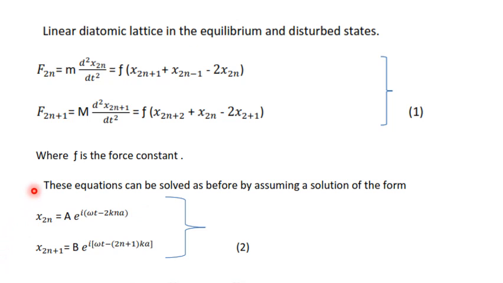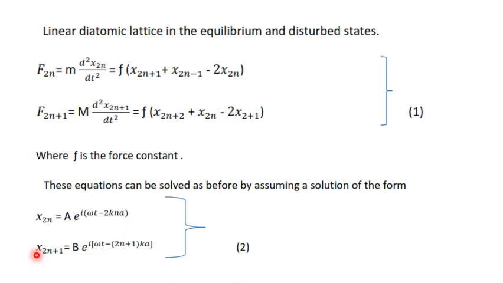Similarly, what will be the solution? x2n is equal to A e power i omega t minus 2nka. What is it in the case of monoatomic? xn is equal to A e power i omega t minus nka. Here, since it is two atoms, here it comes 2nka.